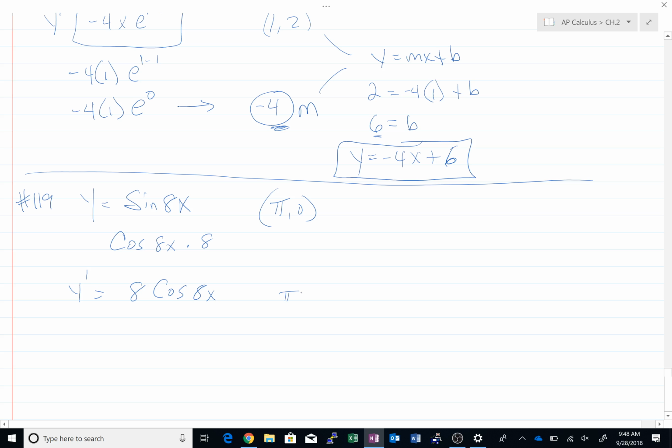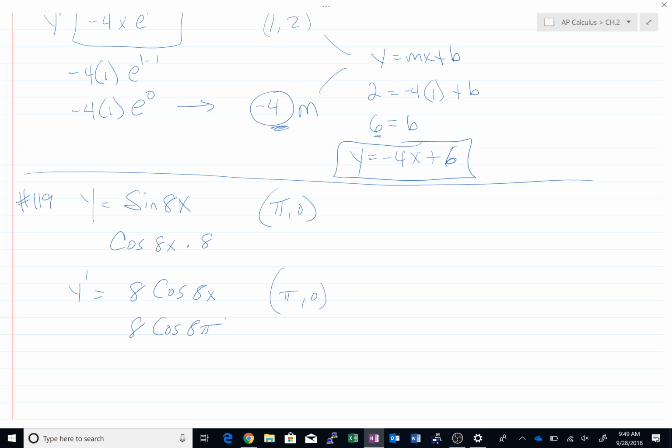Now I need to evaluate it at pi, 0. I plug it in. So 8 cosine of 8 pi. All right, 8 pi is the exact same angle as 0 or 2 pi, okay?